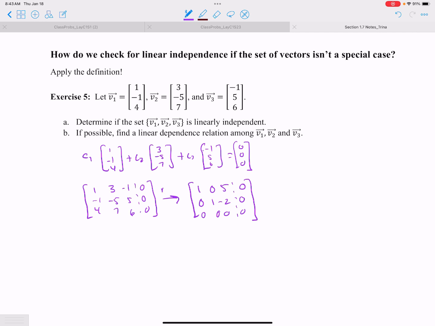So when we row reduce this, we get this system, and it tells me that X3 is free. So this is because X3, or maybe I should say C3, is free.